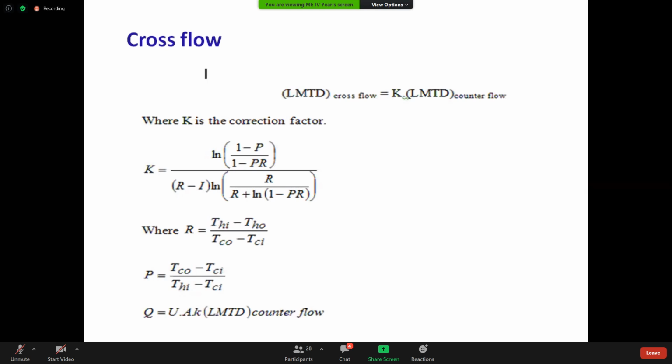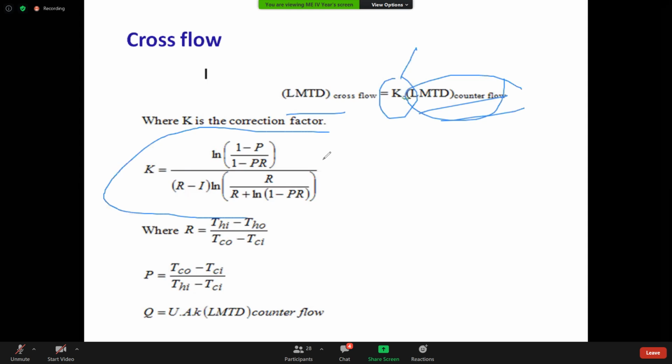I will tell you about cross flow. LMTD of cross flow is equal to K into LMTD of counter flow. Be careful. If you find the LMTD of counter flow, ln theta 2 minus theta 1 divided by ln theta 2 by theta 1, that is enough for the problem. You have to multiply it with this K. What is that K? The K is this. What is R? R is this. K is equal to ln P. P is this.